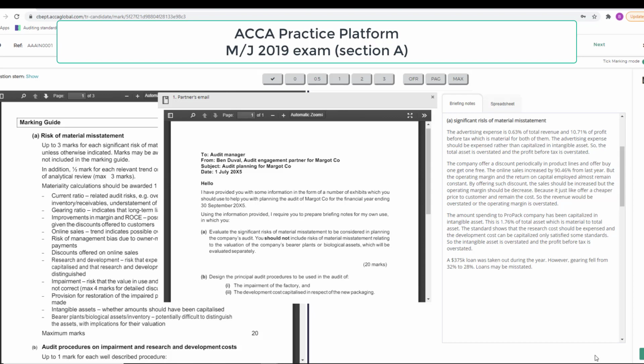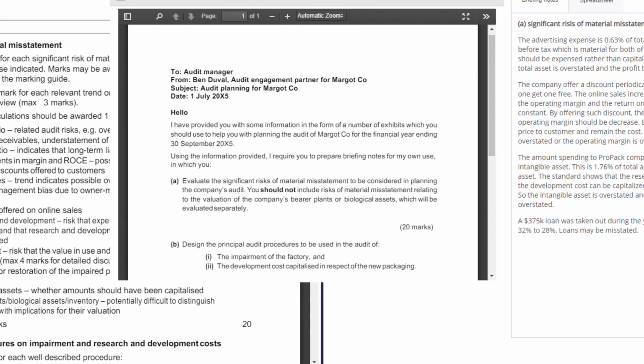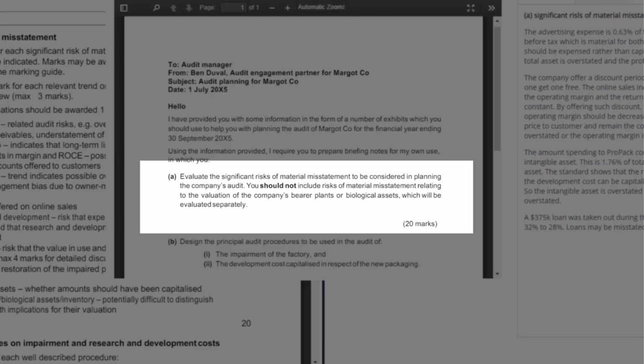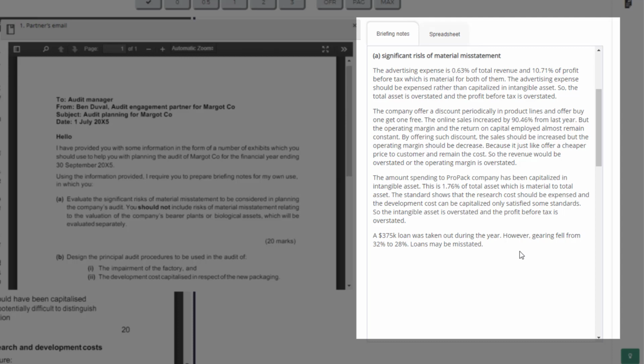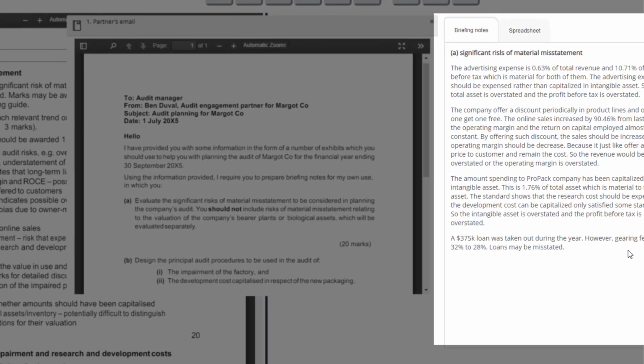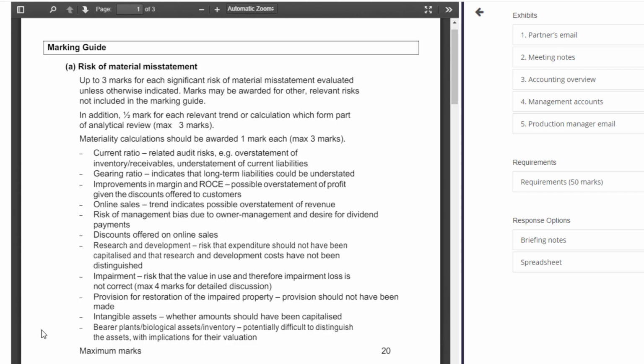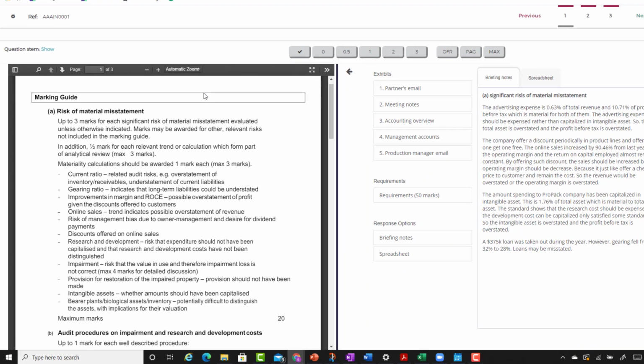Now, what we're going to do, first of all, is look at part A, which is this risks of material misstatement question. I've prepared an answer here with a few points in it, a typical student answer that we're going to mark together. Here's the marking guide showing on screen. If you'd like to have a detailed read of it first, then please pause the recording here.